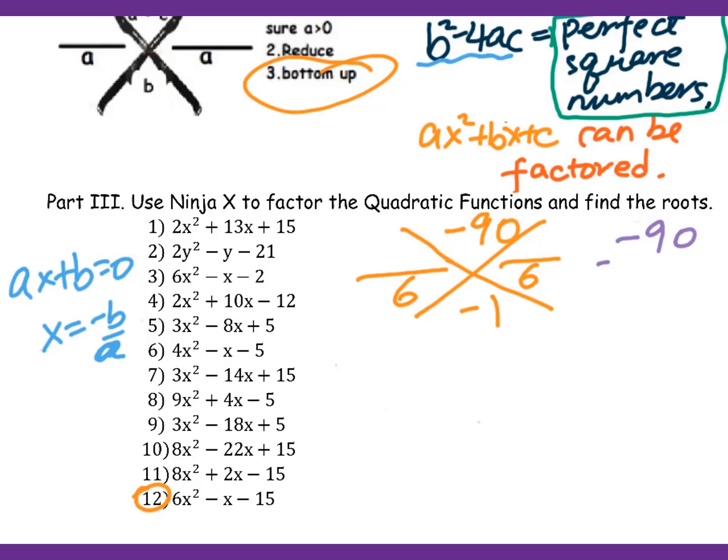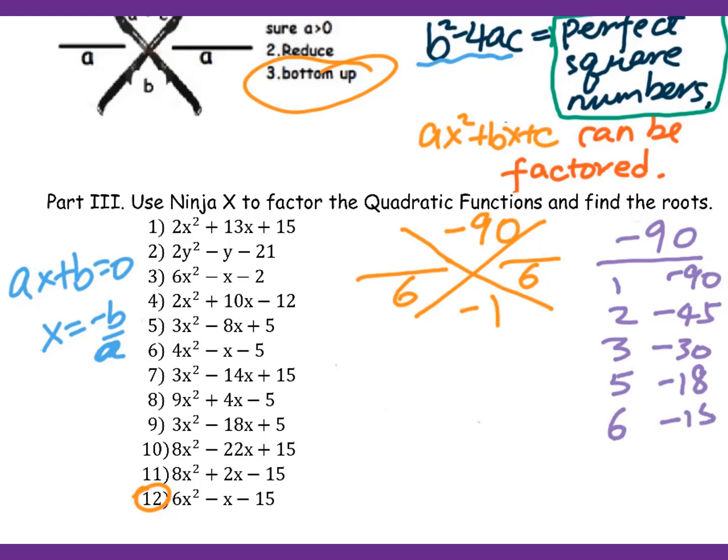So -90, 1, -90, 2, -45, 3, -30, 4 doesn't work, 5, -18, 6, -15, 7 doesn't work, 8 doesn't work, 9, -10. So we know this paired factor are the solution, 9 and -10.